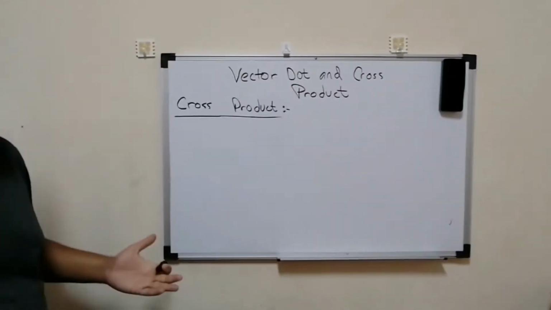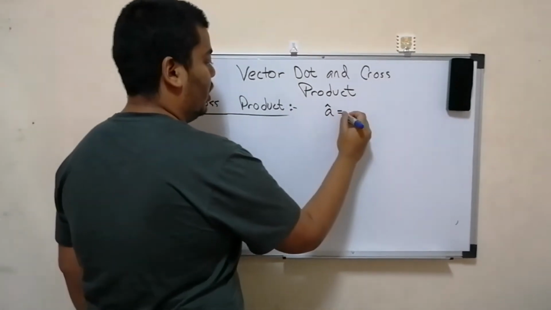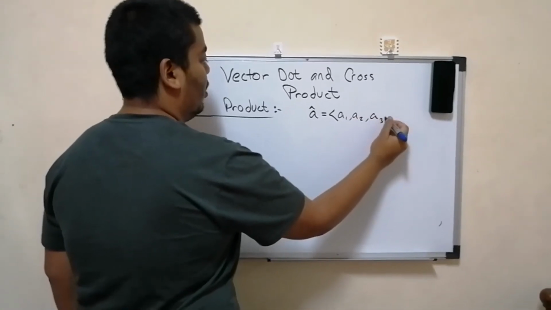Suppose we have a vector A. I'll give the same values, A1, A2, A3.